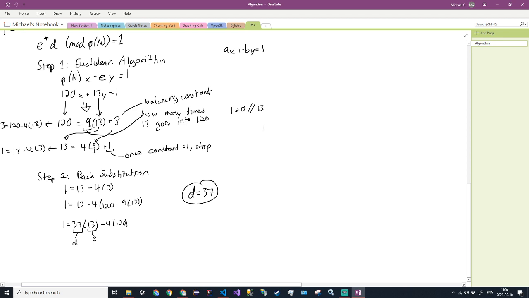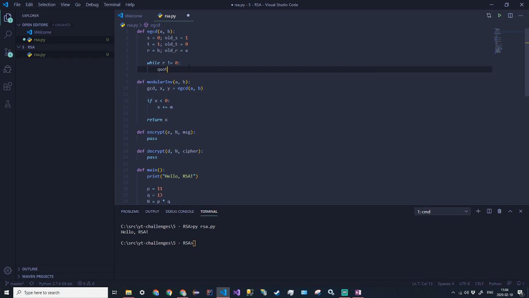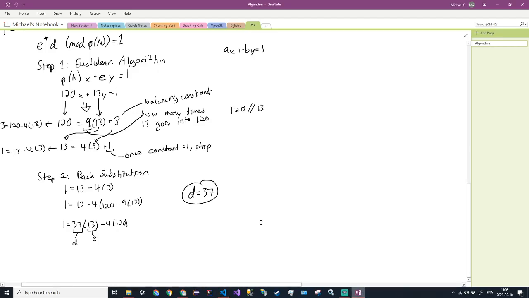So while r, which will end up being the greatest common denominator, does not equal 0, we want to iterate through this. So the quotient is equal to old r floor division with r. So that is determining this factor here, the 9 and then the 4.